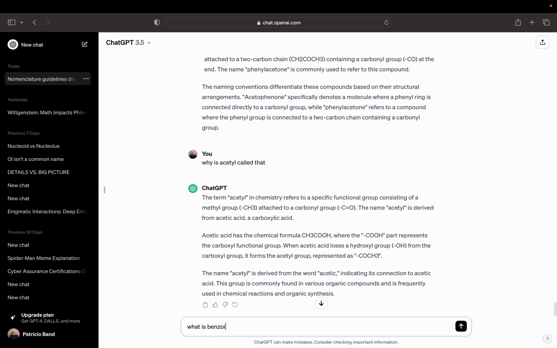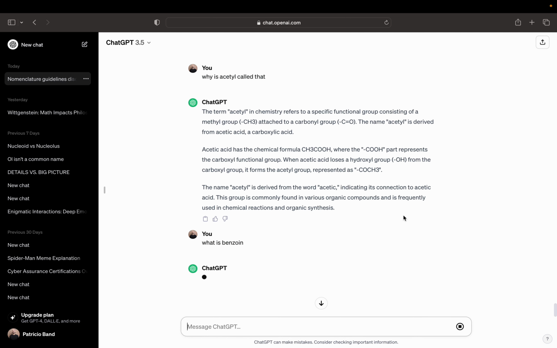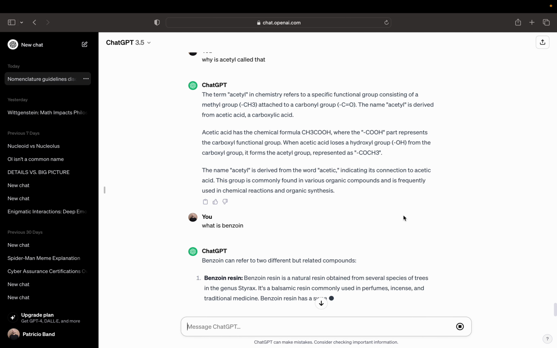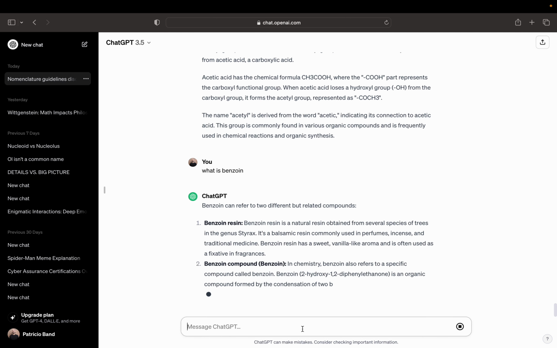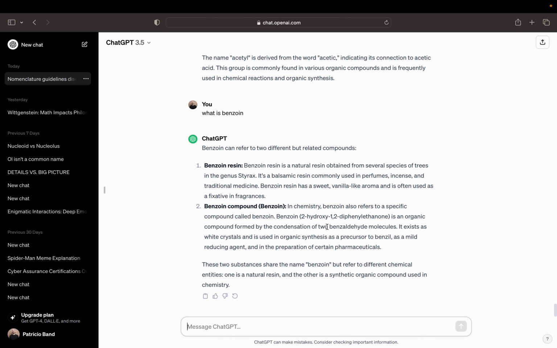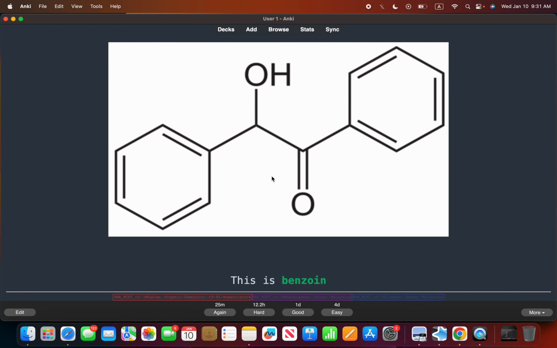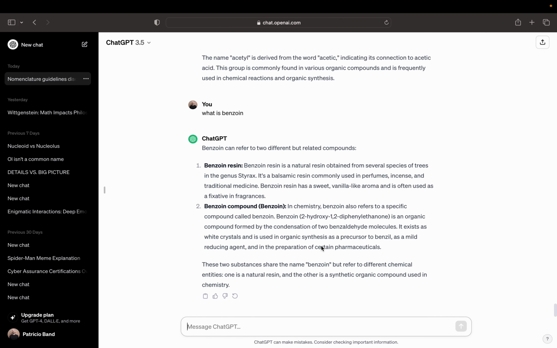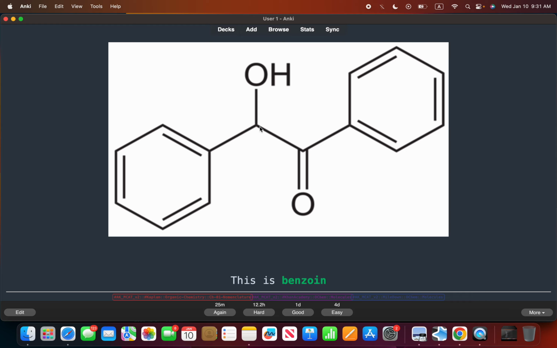What is benzoin? 2-hydroxy-1,2-diphenyl ethanone. So ethanone, 1 and 2 diphenyl, 1,2-diphenyl, 2-hydroxy.